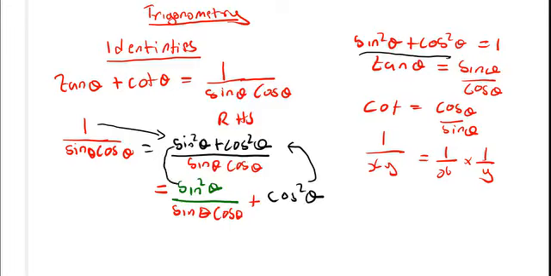In the addition, I've maintained it with just this, but the denominator is going to be for both. Since sine theta is being multiplied by cos theta, I can maintain it like that. I can say this is sine theta cos theta. Like that, you can easily deal with it.